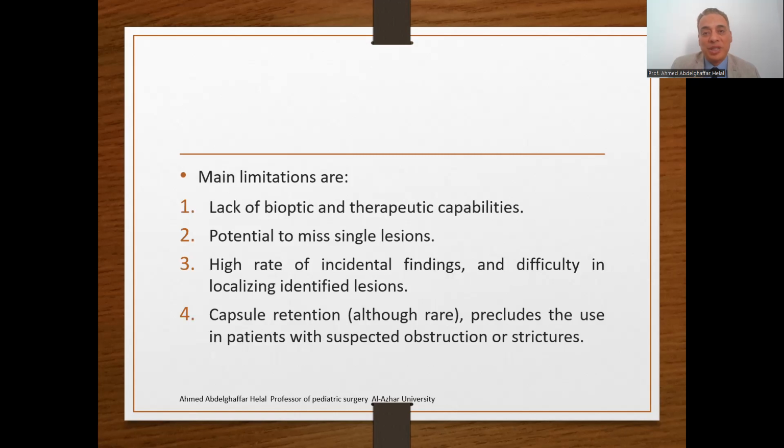However, there are some limitations, like the potential to miss a single lesion in the small bowel, a high rate of incidental findings, and difficulty in localizing the lesions. Sometimes, very rarely, there is capsule retention above an area of narrowing or strictures, as Crohn's disease is usually related to bowel narrowing, stricturing, and fibrosis.